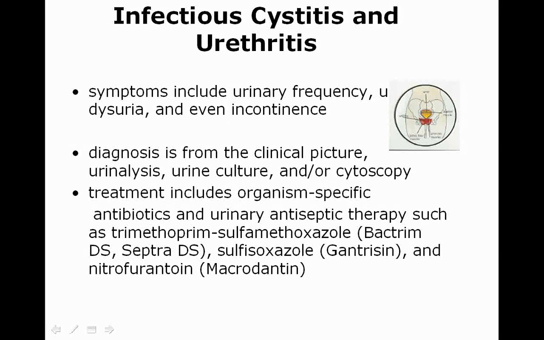Cystitis is a type of UTI, cystitis that's infectious. Urethritis is a UTI. The pyelonephritis I mentioned a few minutes ago is a UTI. And infectious UTIs are usually treated with at least one of these antibiotics that I have listed on the screen, the Bactrim or the Macrodantin.